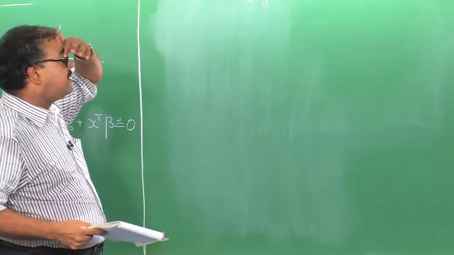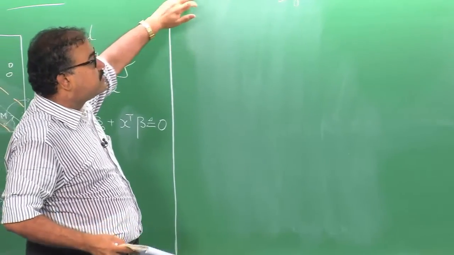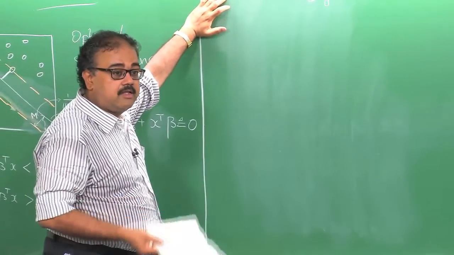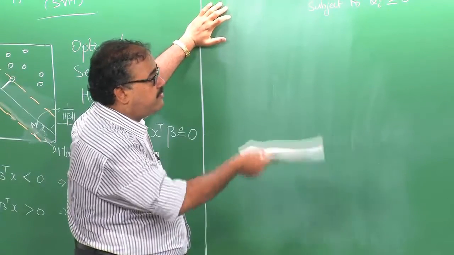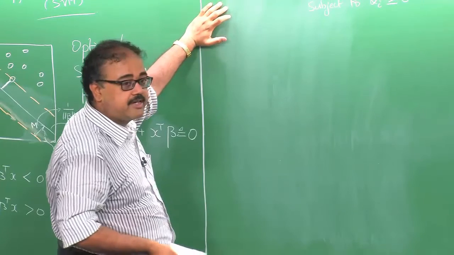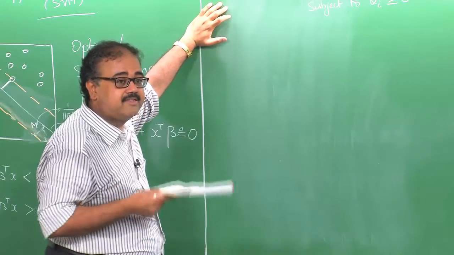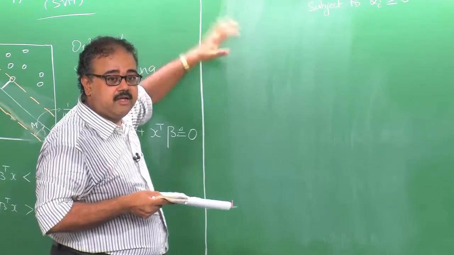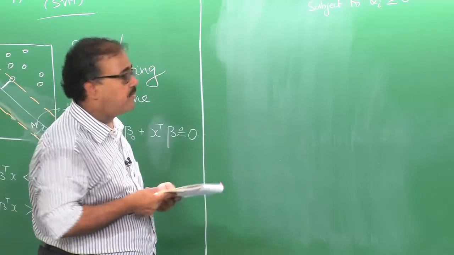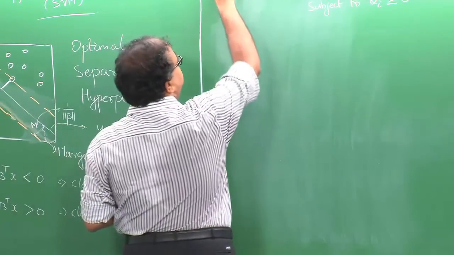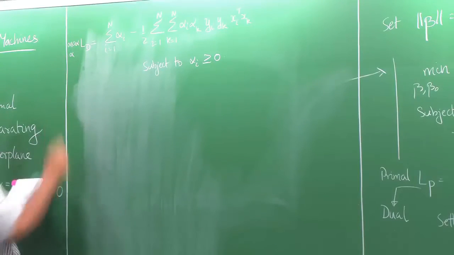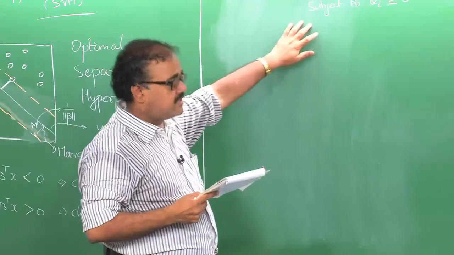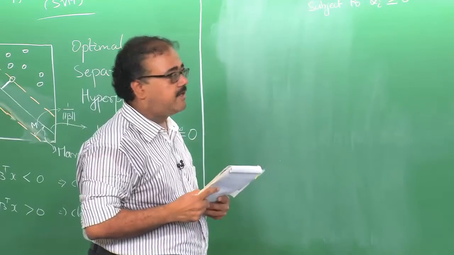So, note that your dual is always going to give you a lower bound on the solution of the primal problem. So, really, if you are minimizing in your primal, you should be maximizing in the dual, so that the two of them can coincide at some point. So, essentially you would be maximizing this, subject to the constraint that all your alpha i's are greater than or equal to 0.